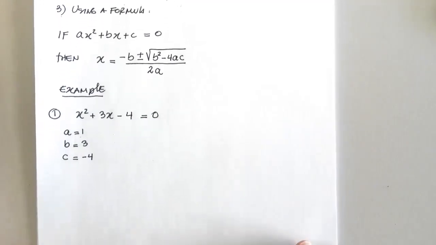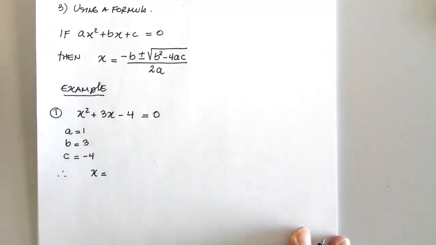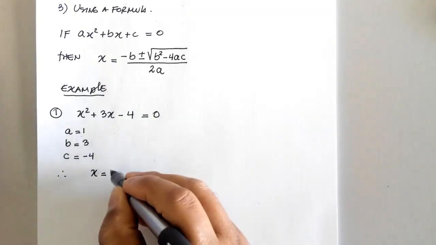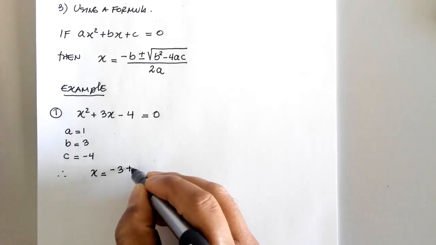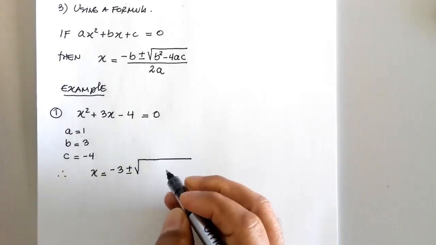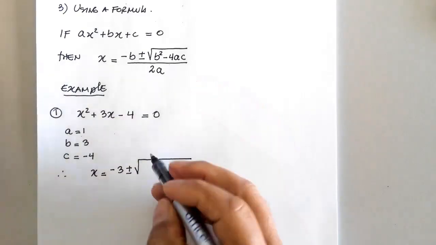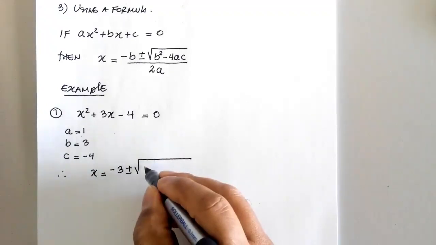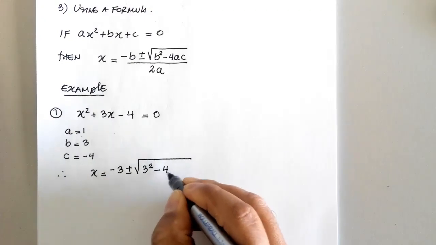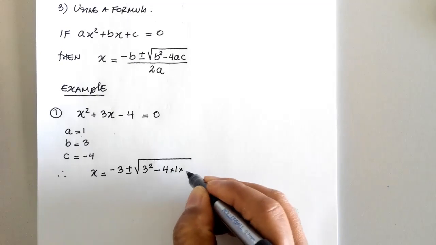Okay, and then the formula says x is equal to, now we're gonna substitute, so minus b, so it's gonna be minus 3, and then plus or minus the square root of b squared, so it's 3 squared, which is 9, so you're gonna write it here, 3 squared, and then minus 4 multiplied by a, which is 1, and then multiplied by c, which is -4.